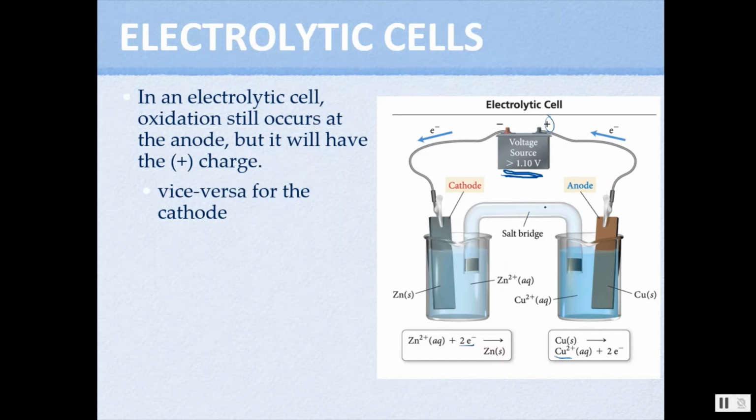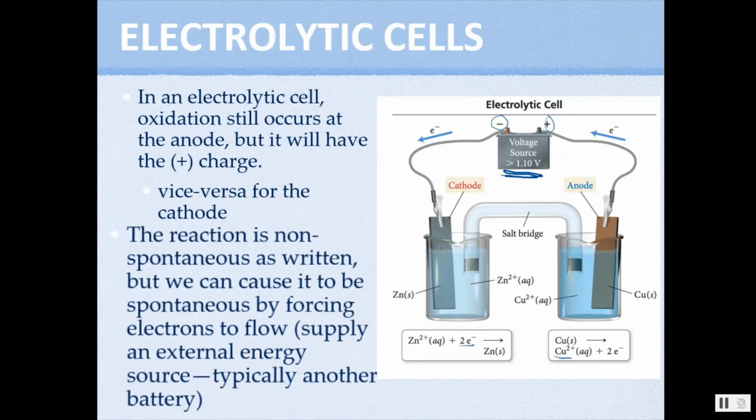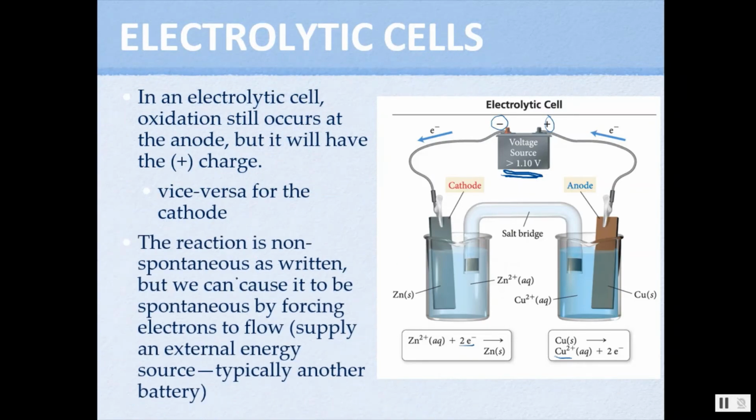Our salt bridge, we're going to see that K plus flows, and then our reduction occurs at the cathode, so the cathode is going to be associated with the negative terminal of our battery. So it's non-spontaneous as it's written. We can force it to be spontaneous by applying electrical energy.